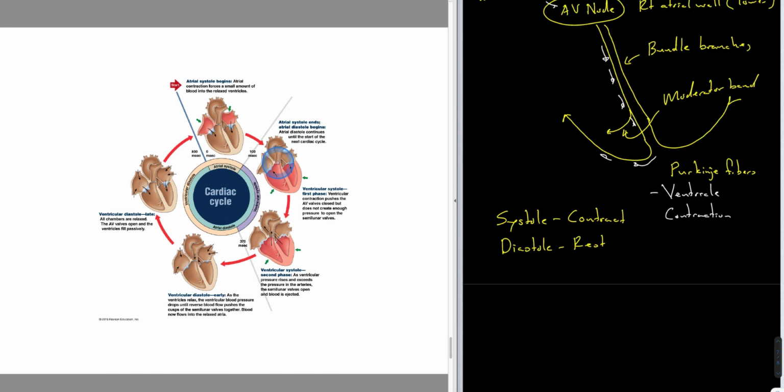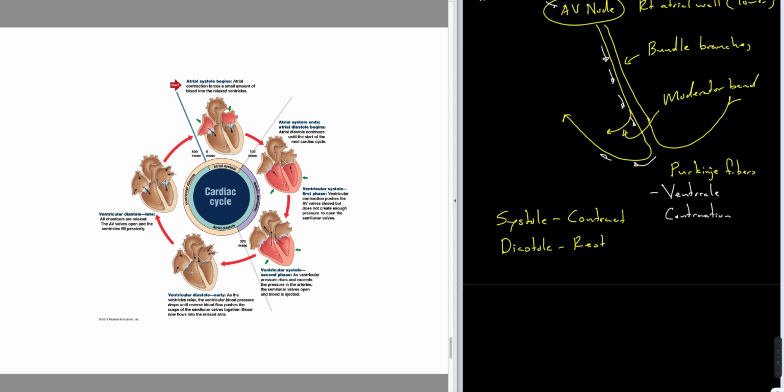Meanwhile, we're trying to beat the force of our semilunar valves. And this takes a little bit of time, but eventually we build up enough pressure to open them up. Now we allow the blood to leave the ventricles, which now decreases the pressure, and we go at rest again.